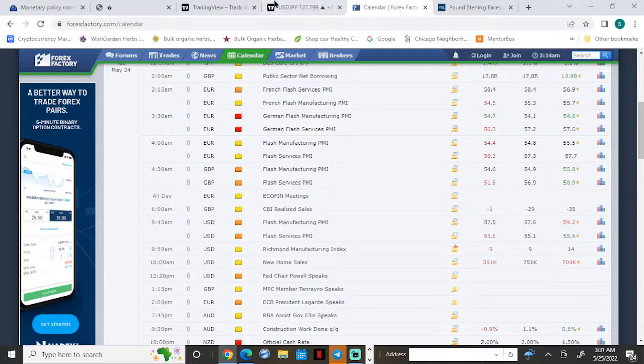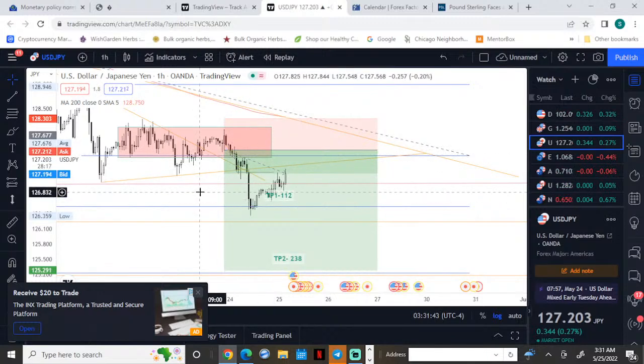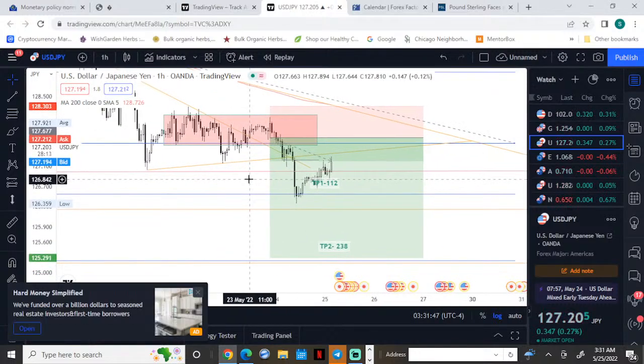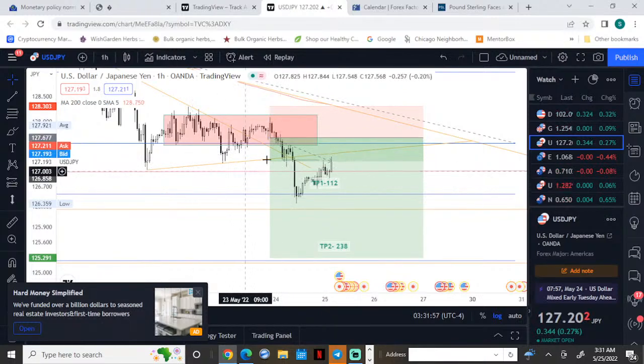I had already gotten into this UJ trade, Asian session Monday night. News came and pushed it. I was like, yes, I love news. So as you can see, it broke out of this trend line right here, and it did not give us a retest.